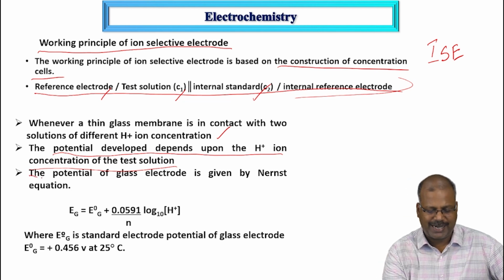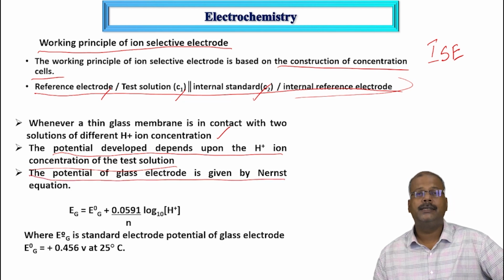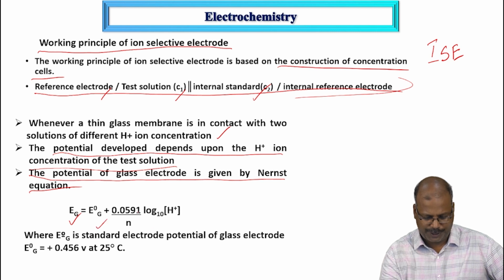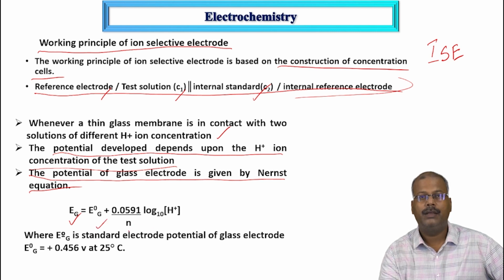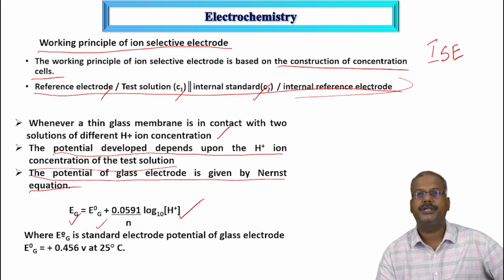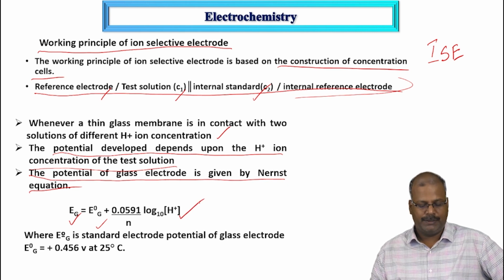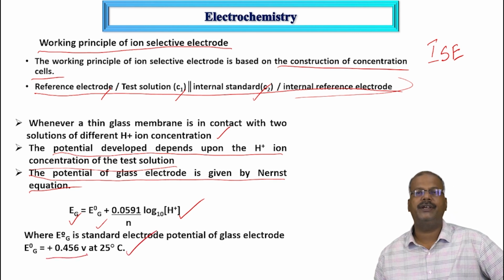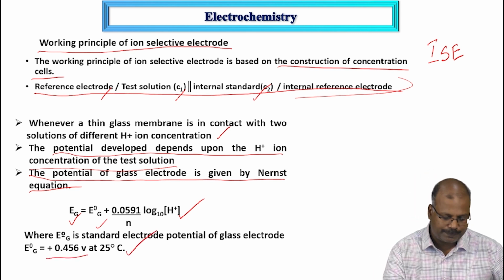The potential of the glass electrode, which is an ion selective electrode here, is given by the Nernst equation.